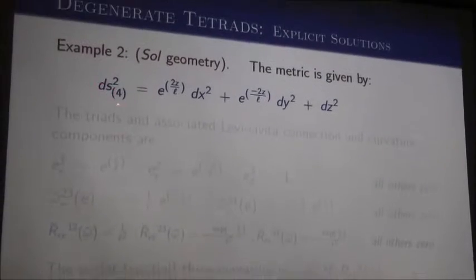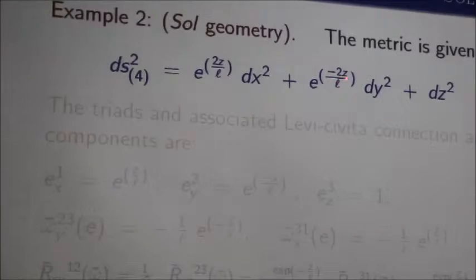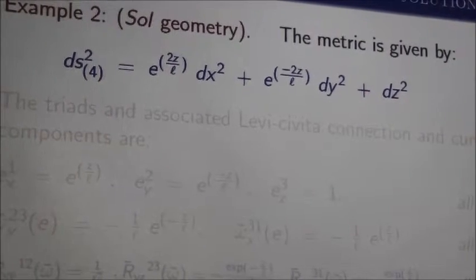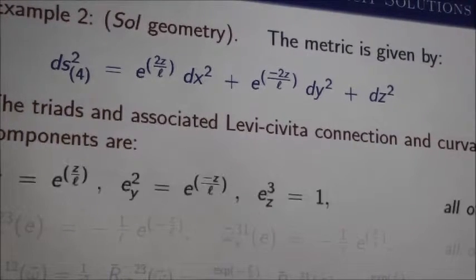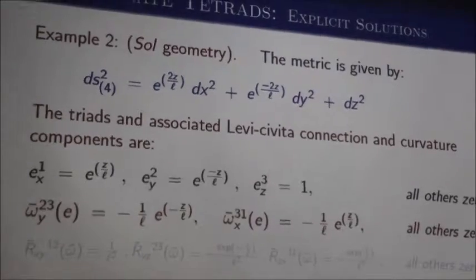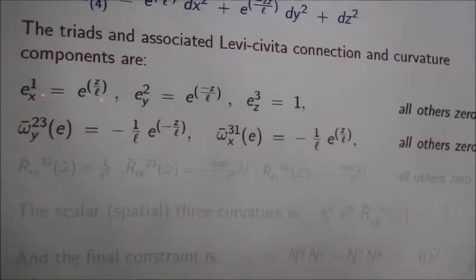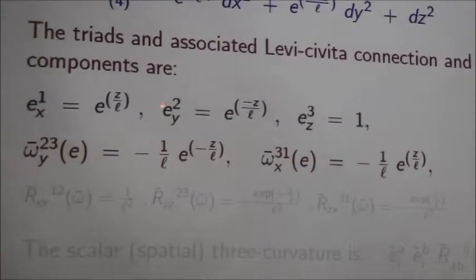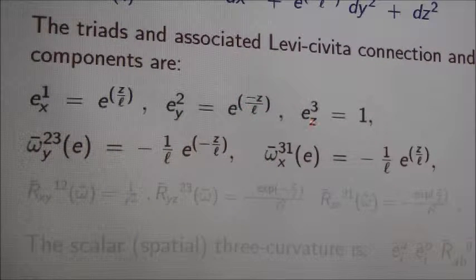The second solution is Sol geometry. The degenerate 4-metric is exponential 2z by L dx square, plus exponential minus 2z by L dy square, plus dz square. The triads and the torsion-free Levi-Civita connections and curvature components can be constructed, and they are these. Ex1 is exponential z by L, Ey2 is exponential minus z by L, and Ez3 is 1.